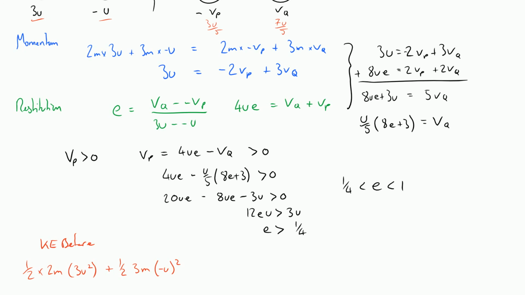That's our before, and then for our after, we know that would be a half of 2m, lots of 3u on 5 squared, plus a half of 3m, lots of 7u on 5 squared. And we also had from our previous equation that we knew that the after was going to be equal to k times the before.